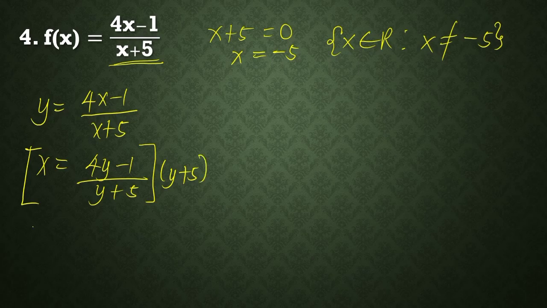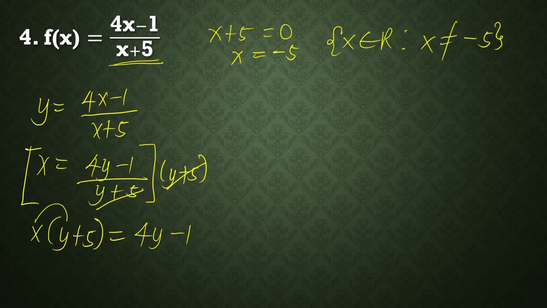So, that will become x times y plus 5 is equal to 4y minus 1. Makakancel ang y plus 5. And then, x times y, xy, x times 5, that is 5x, equals 4y minus 1.